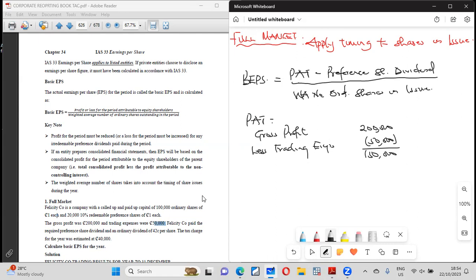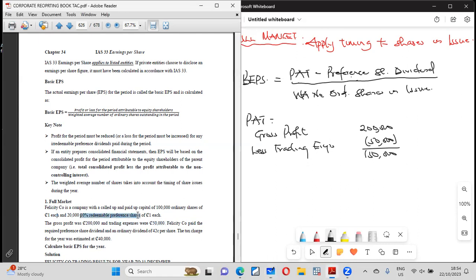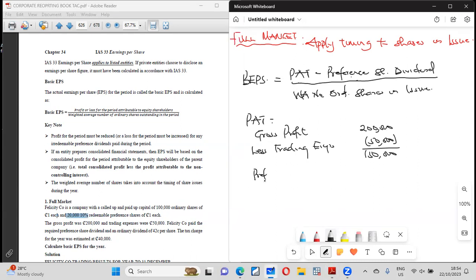150,000. But we can't go straight ahead and deduct tax because we know that there are preference share dividends we need to take care of. Now, how do we get our preference share? This is the preference share, and it is 20,000. So preference shares dividend.